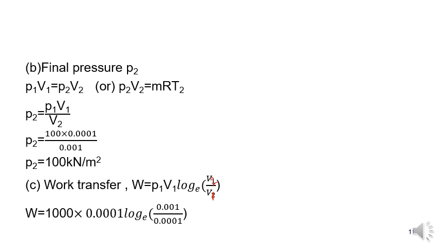So we will get 0.2303 kilojoules. Or we can write the formula as P1 V1 log P1 by P2 also, and we will get the same.